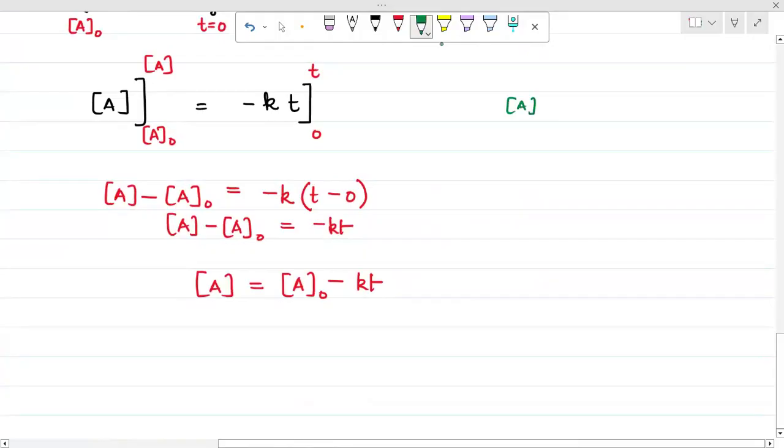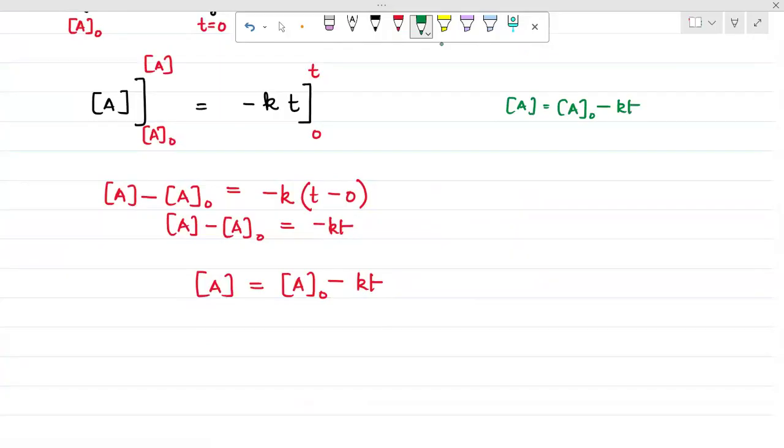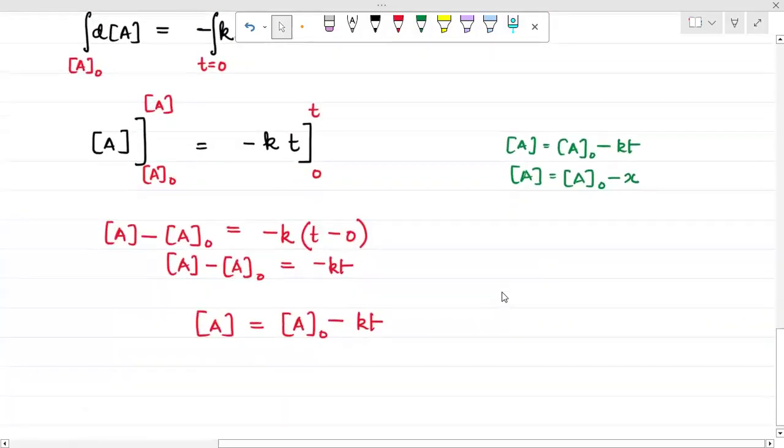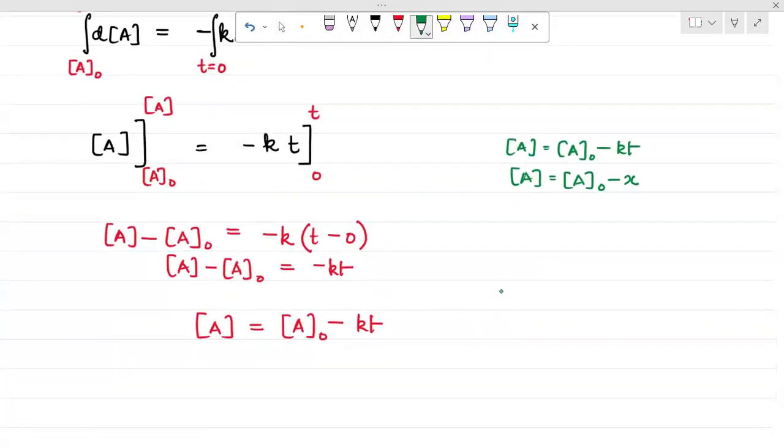You have A is equal to A naught minus KT and you have A is equal to A naught minus X, which we derived earlier. See this equation, this one which we wrote over here. Correct? So when we did that, and if you compare, you can see that X is equal to KT.